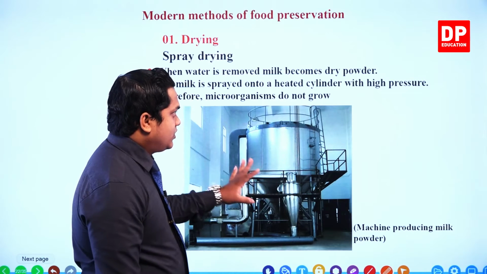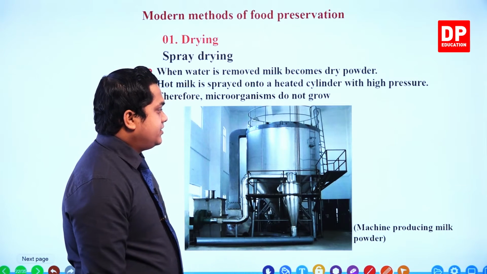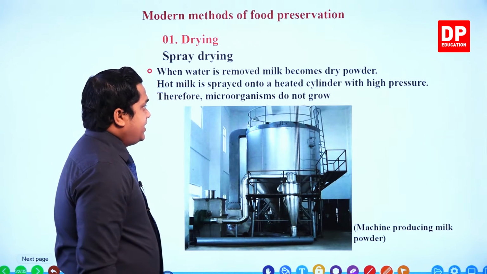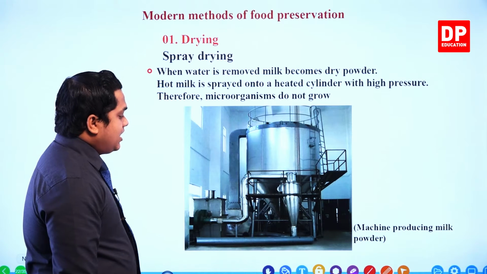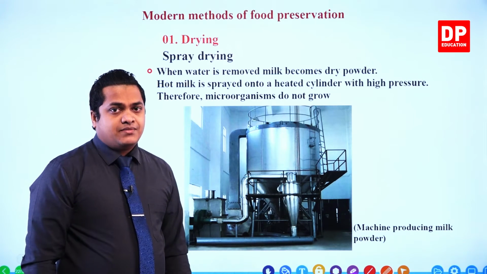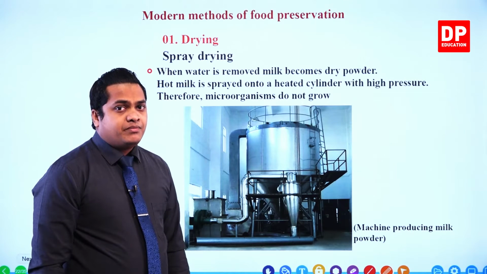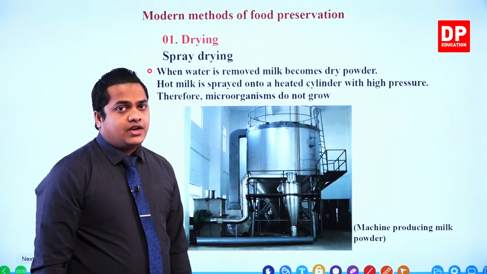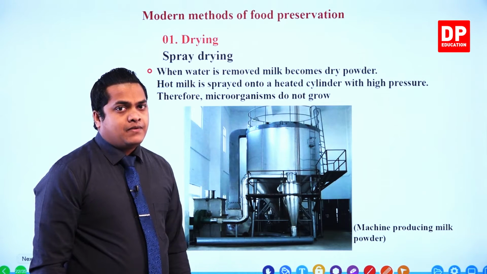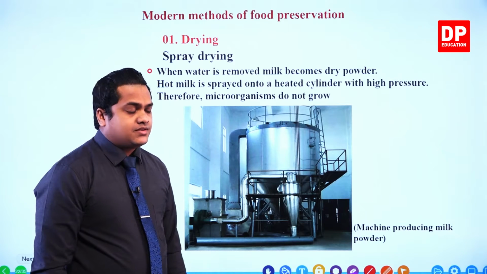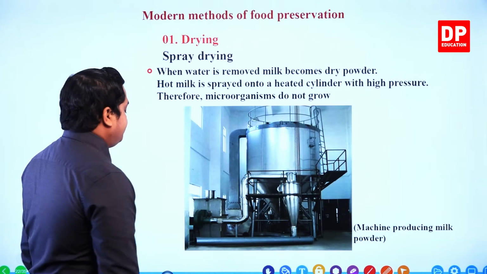Milk is the main food item preserved by using spray drying. So here milk can be converted into milk powder by using the drying process, right?